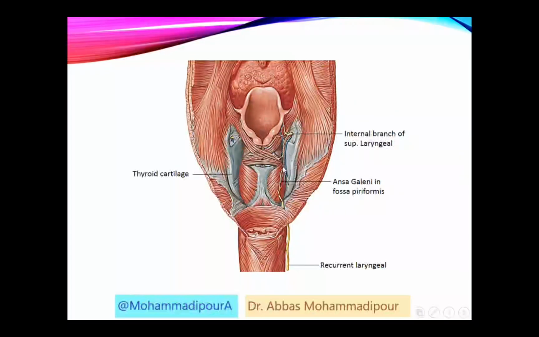In this slide here is the piriformis fossa without the mucosal membrane, okay, and as you see there is some vessels and nerves. This mentioned anastomosis is formed between the superior laryngeal vessels with the inferior laryngeal vessels, and also by the internal branch of the superior laryngeal nerve with the recurrent laryngeal nerve.